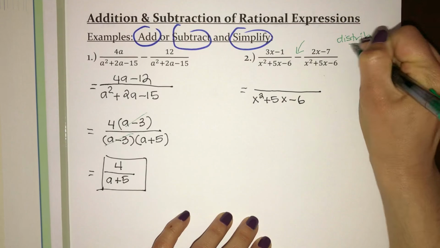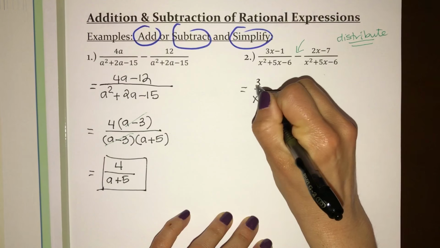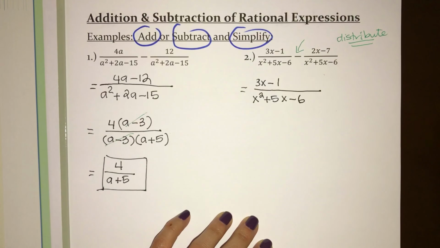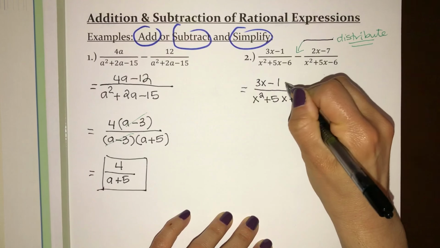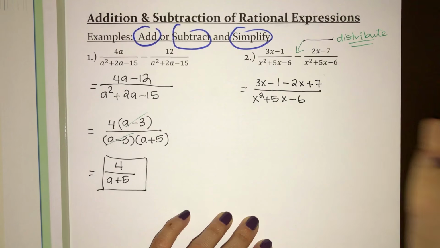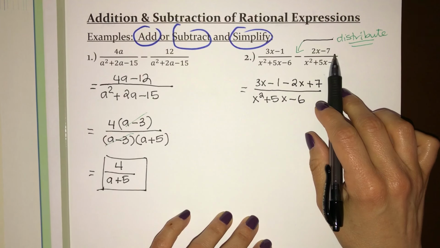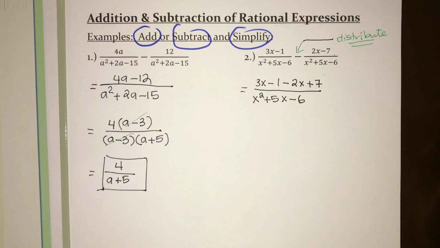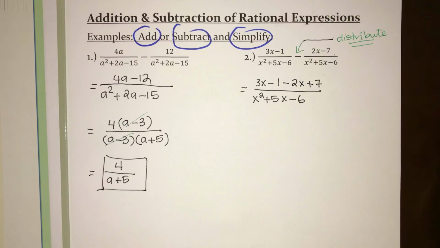So that's really important. And so what we're going to do is rewrite x minus 1, but we need to distribute that negative sign, so it turns into minus 2x plus 7. The negative sign applies to everything in the numerator, and that is why you need to distribute it. It's minus the whole quantity 2x minus 7.